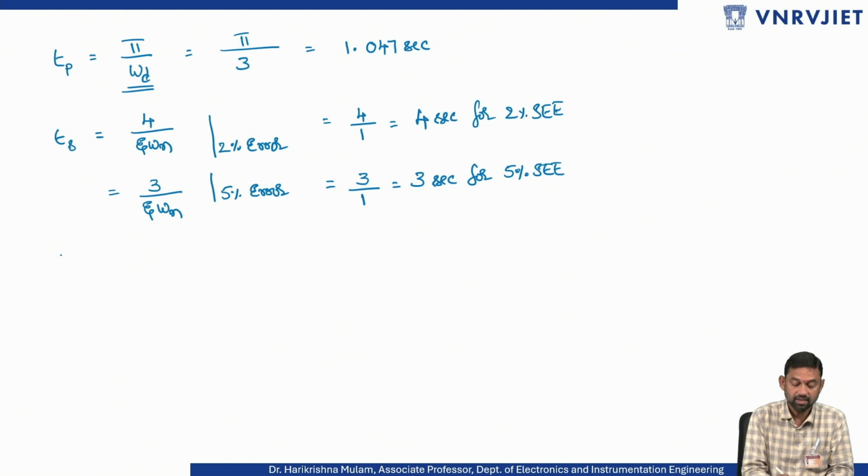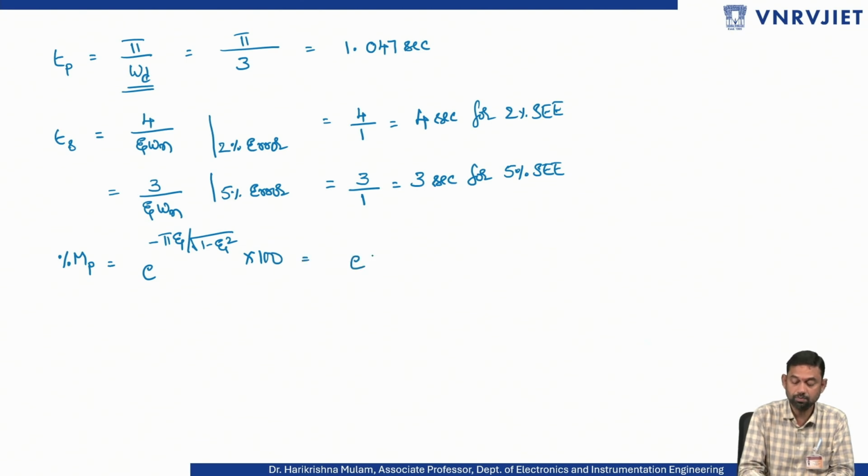Then finally, let us find the percentage overshoot in this system. We know that the formula for this percentage overshoot is e power minus pi zeta by square root of 1 minus zeta square into 100.